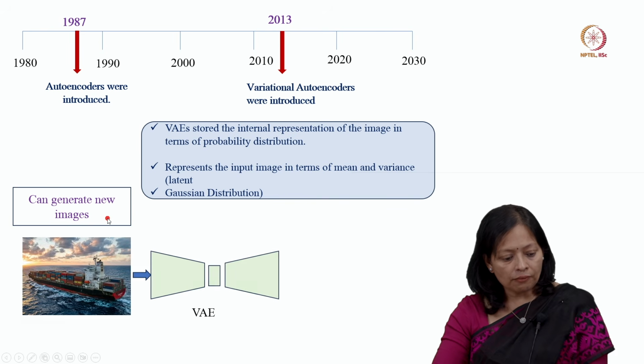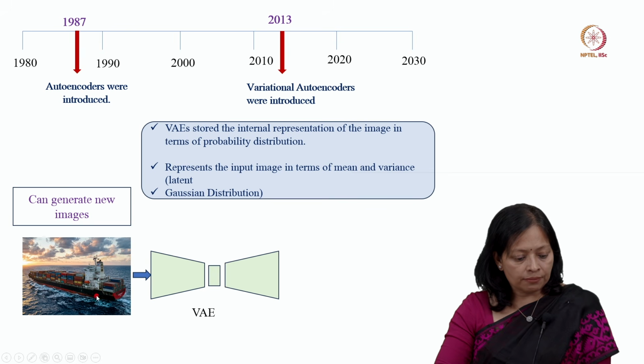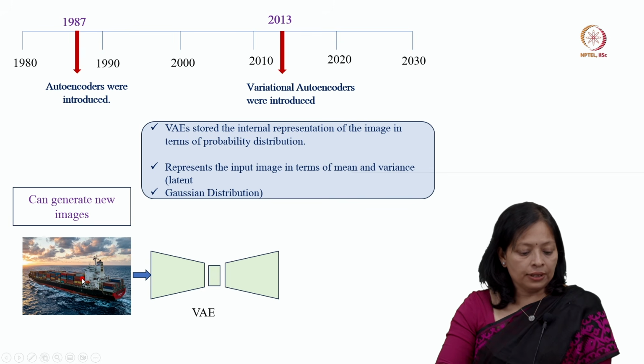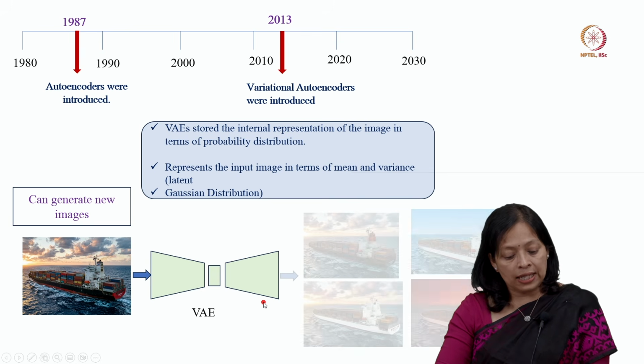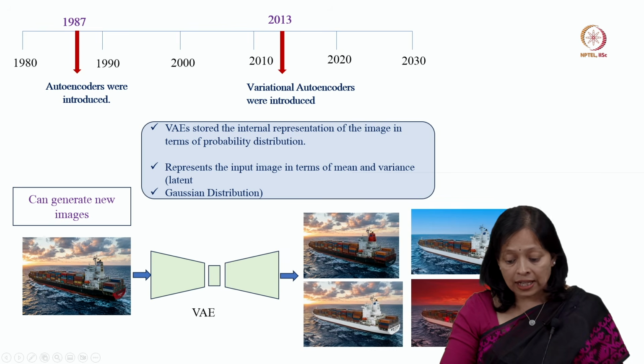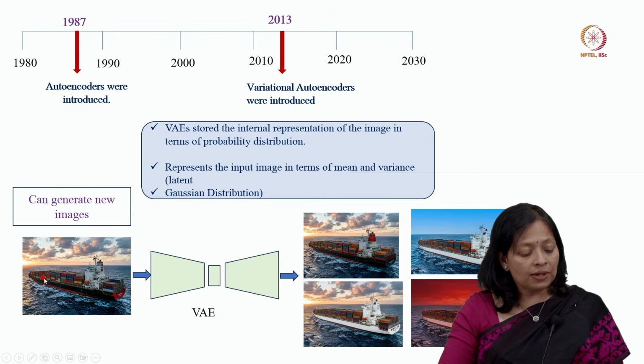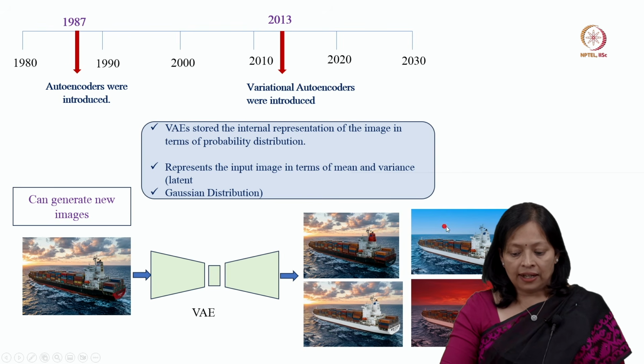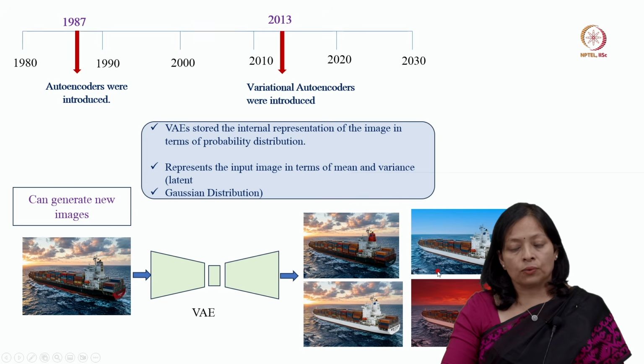Suppose we have the image of a ship, it goes through the VAE structure, and we see various variations of that same image. The image structure is the same, it is the same ship, but here the color of the sky and the water is changed, here also it is changed, here some portion of the ship's color has been changed.